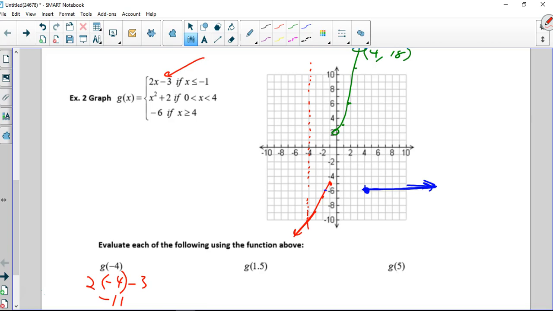1.5. So we look at 1.5. 1.5 is going to be right about there. Well, that means it's not going to hit the red slanted line, 2x minus 3. It's not going to hit the blue, y equals -6. It's only going to hit the parabola. So we plug 1.5 in here. And we just take our calculator and we do 1.5 squared and then add 2 to it.